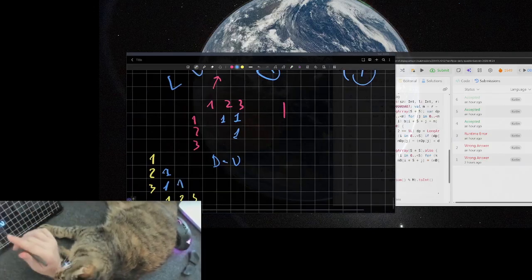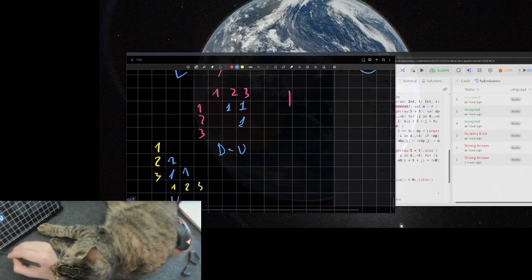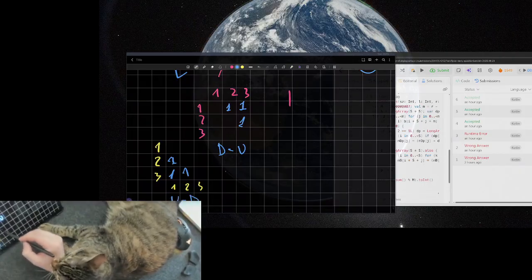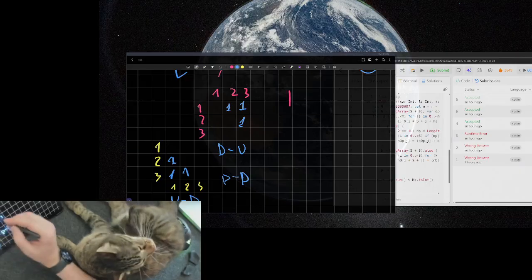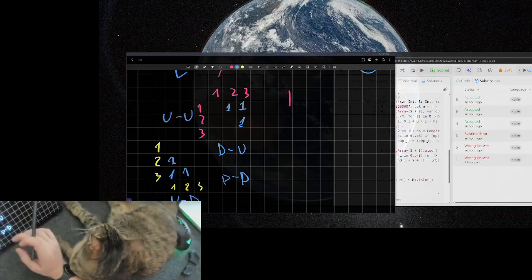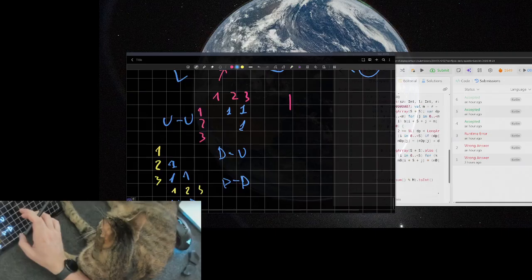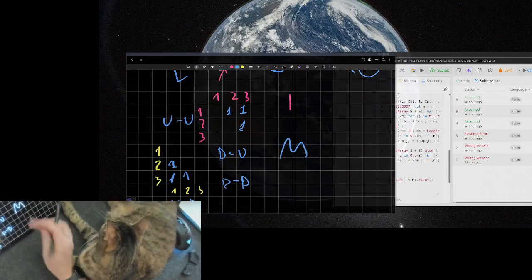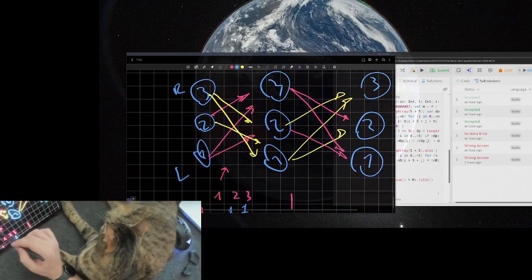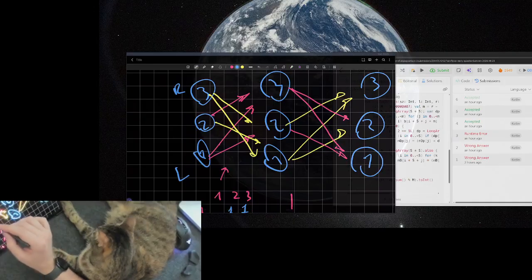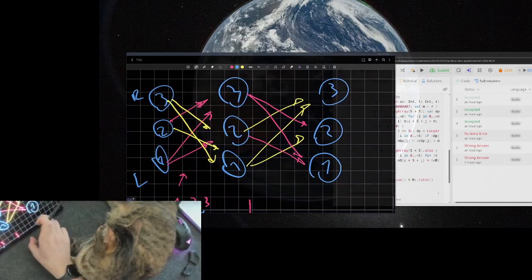This is identity, all others zeros, and this is from up to down, and this would be down to down, and it is zeros, and this would be up to up, all zeros, because it's not enabled by the problem definitions. This is a matrix, and it describes how many ways we have enabled from each step to each other step. Basically a graph, graph traversal.